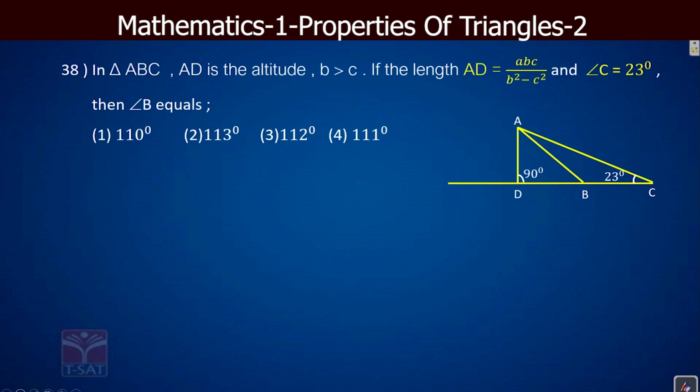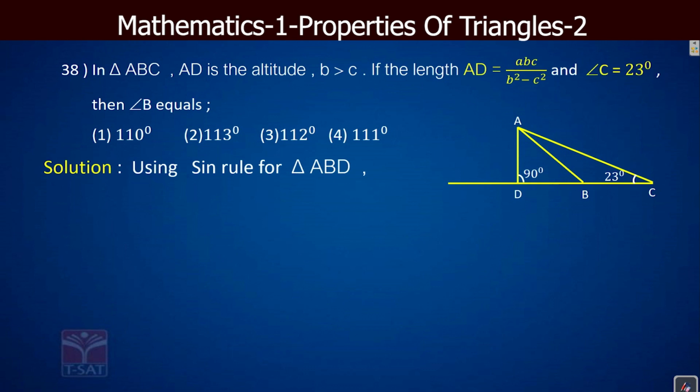That means AC is greater than AB. And also the altitude drawn from A to the opposite side BC is abc by b square minus c square. Then C is equal to 23 degrees, and you have to calculate angle B. Now come on, see the diagram.